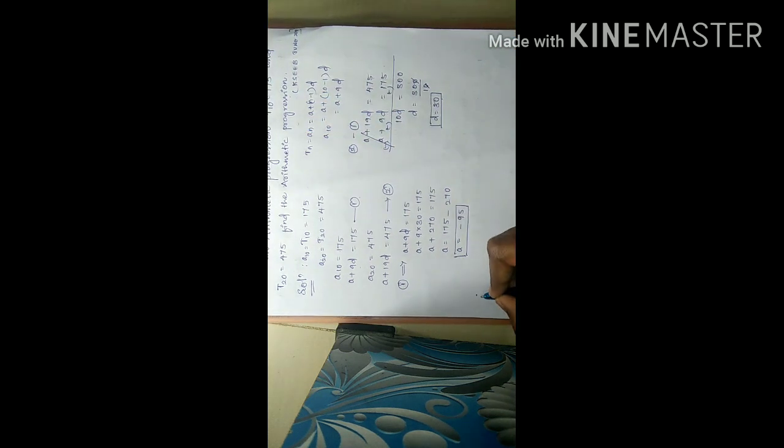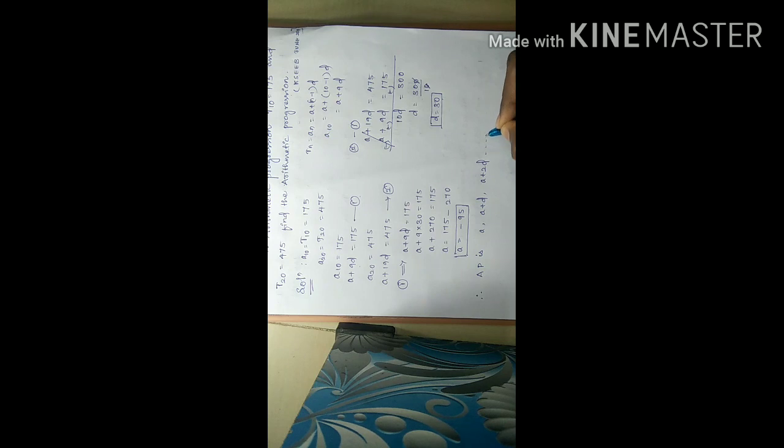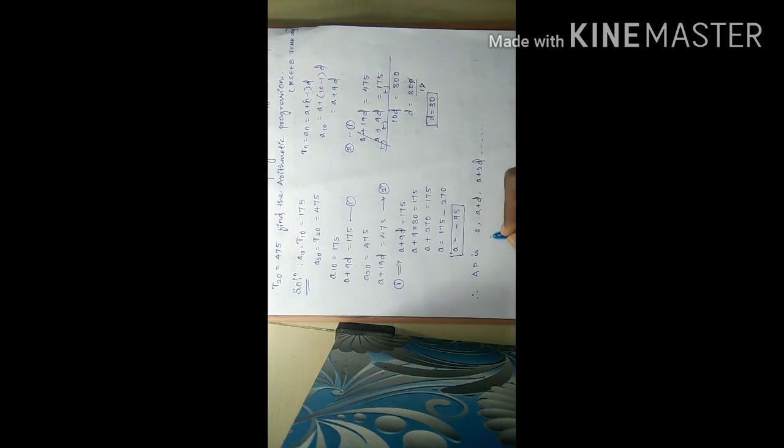So therefore the AP, that is the arithmetic progression, is A, A plus D, A plus 2D and so on. So what is A? A is minus 95. So minus 95 plus D, which is 30.